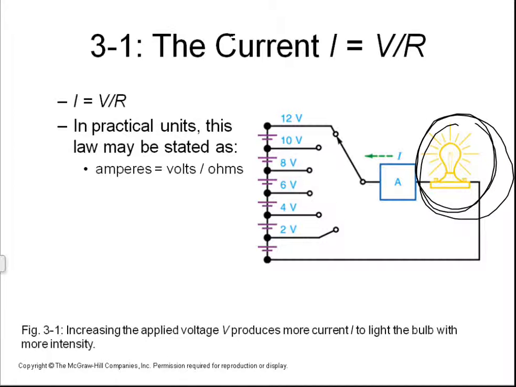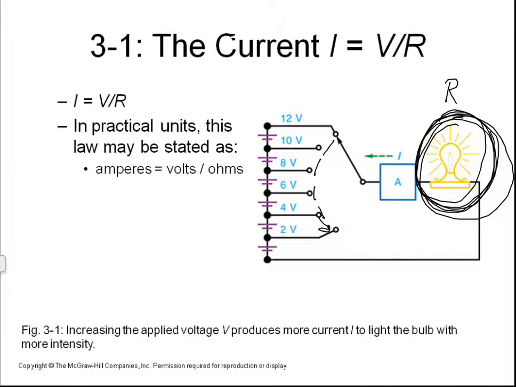Now that's not actually true in light bulbs, but in this case it is. This is a fixed resistance of R. In this case, as we vary the voltage, right now we're sitting at 12 volts, but as we bring it down through all the steps down to 2 volts, we will see this light bulb getting dimmer and dimmer and dimmer.